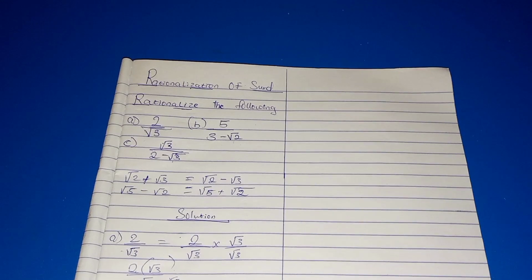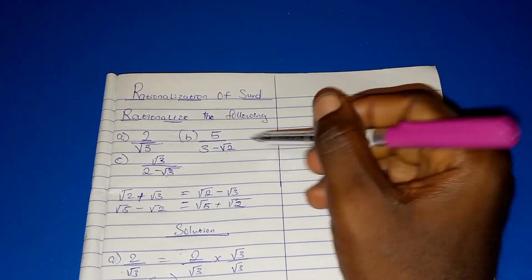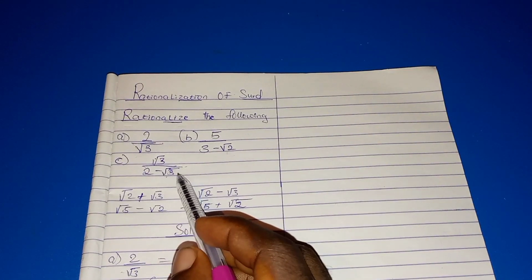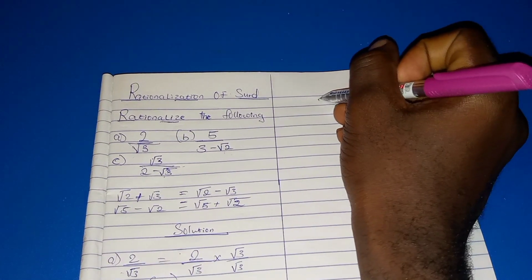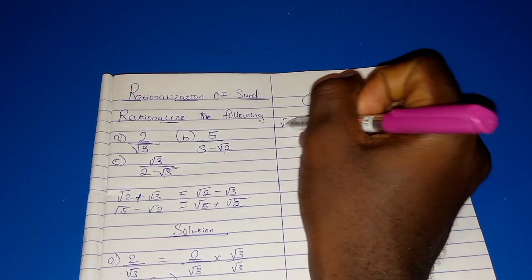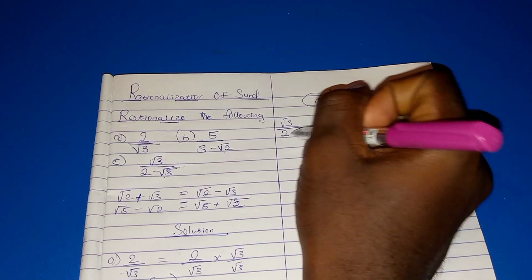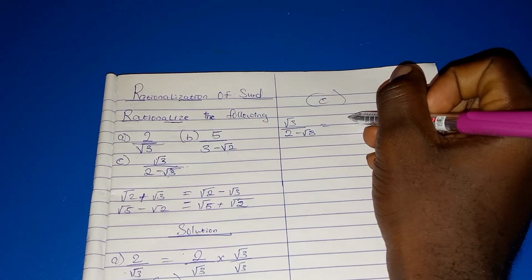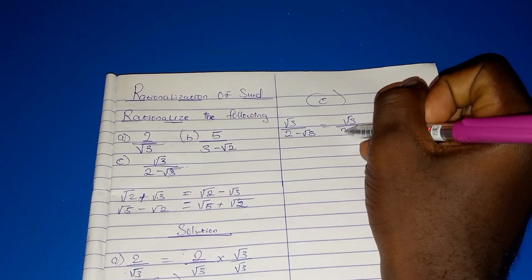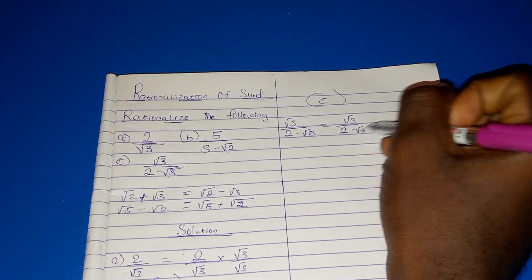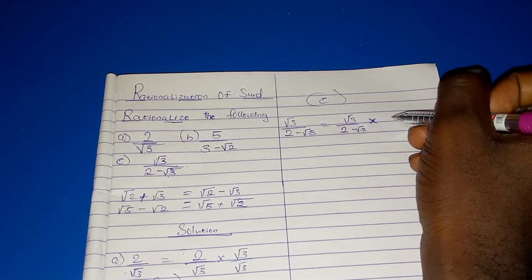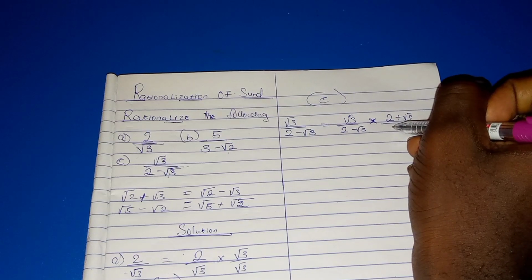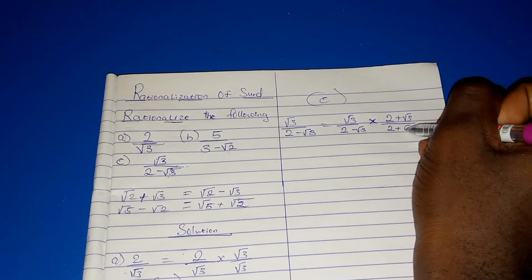Now let's see our last expression here, where we have root 3 divided by 2 minus root 3. That will leave us with root 3 divided by 2 minus root 3 multiplied by 2 plus root 3 divided by 2 plus root 3.